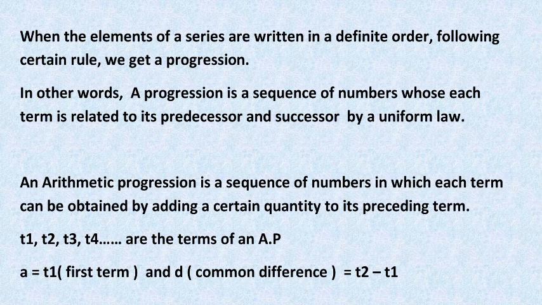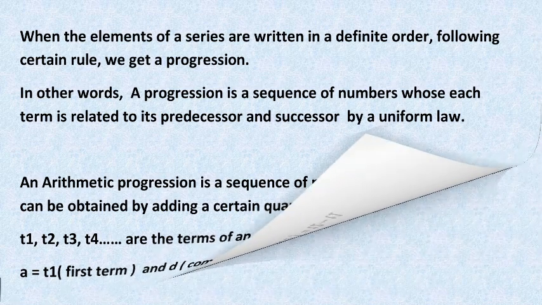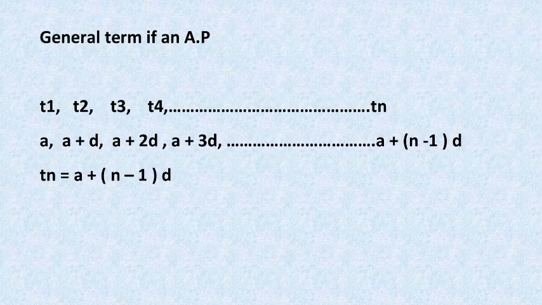Always D is the value of T2 minus T1, the difference of the second term and the first term. It doesn't always mean the second term and the first term. D can also be the difference of any two consecutive terms. It can be T4 minus T3, T3 minus T2, any term minus its preceding term. Move to the next slide.